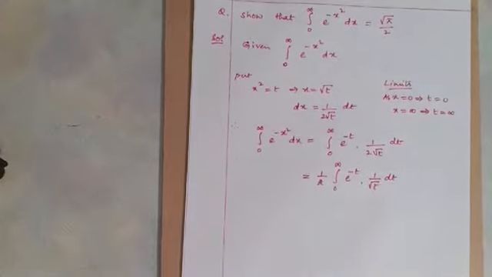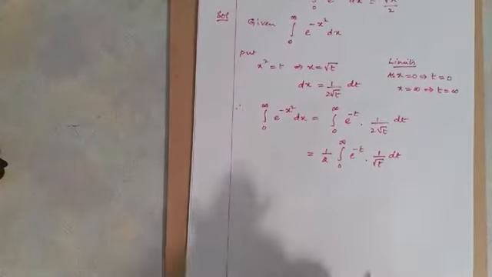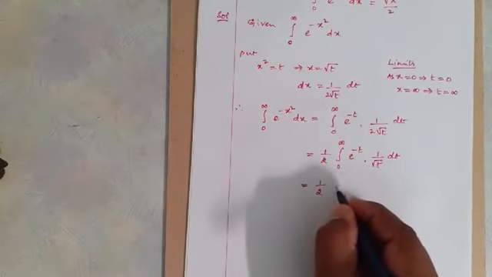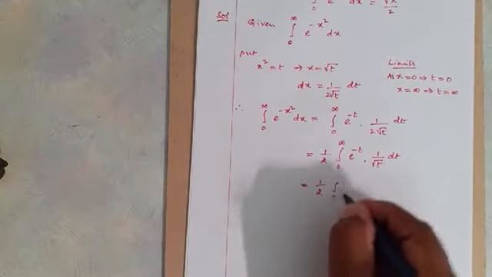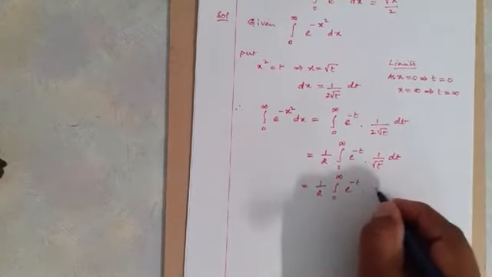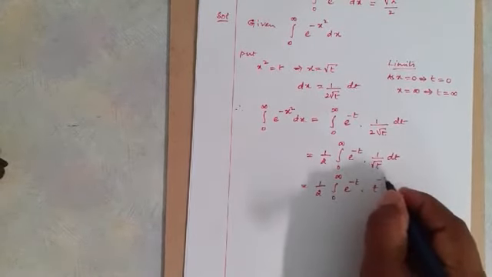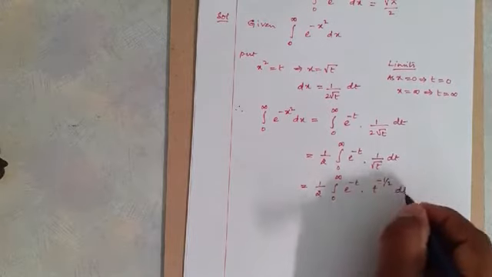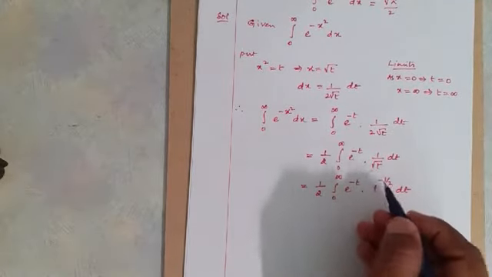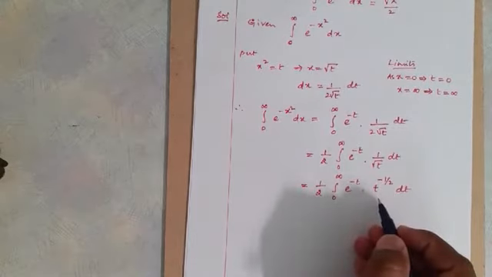In the next step this is equal to 1 upon 2 integral 0 to infinity e power minus t into t power minus 1 by 2, because root t is nothing but t power 1 by 2. So when you take it to the numerator, this becomes t power minus 1 by 2.